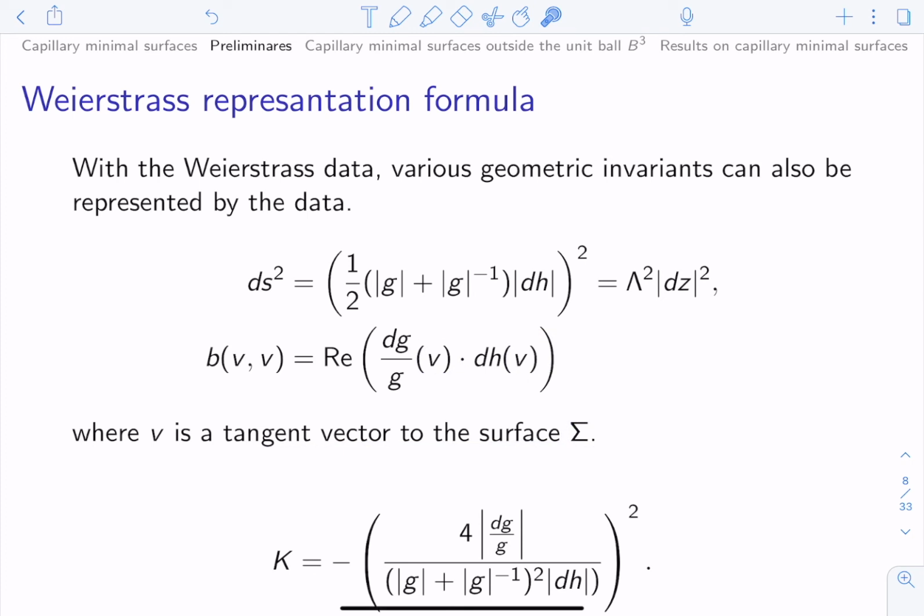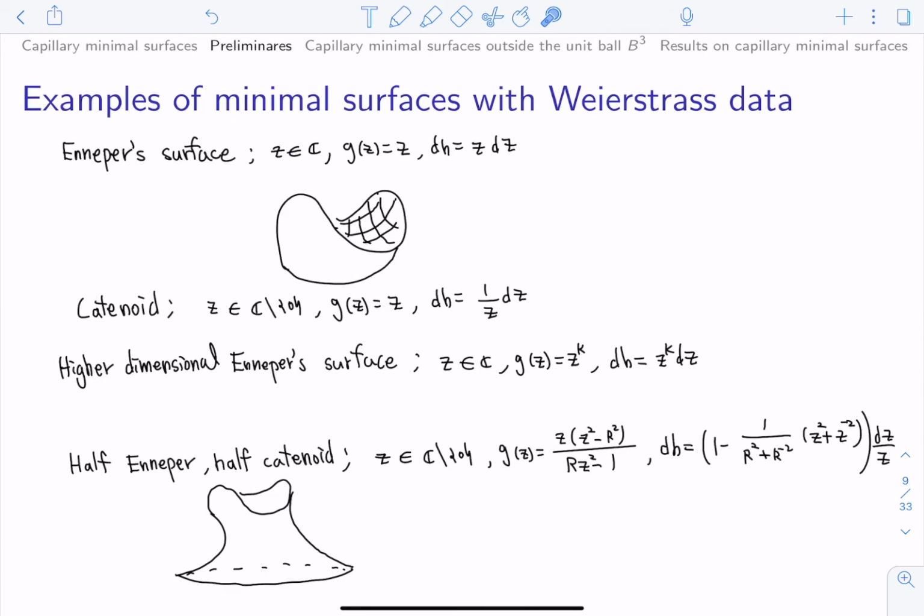And then the Gaussian curvature K can also be represented by this data as follows. So exploiting the Weierstrass data, minimal surface theory flourishes in R^3.